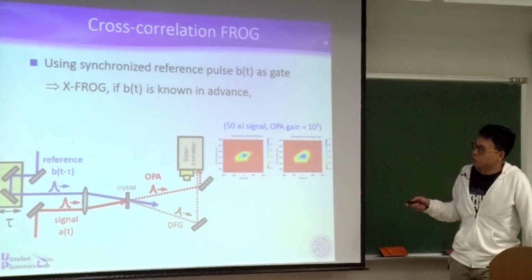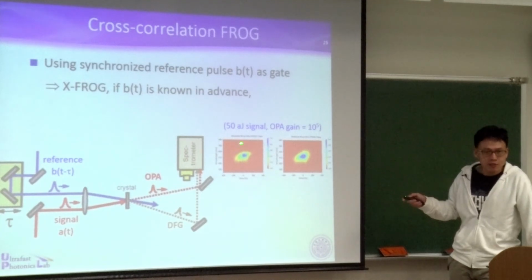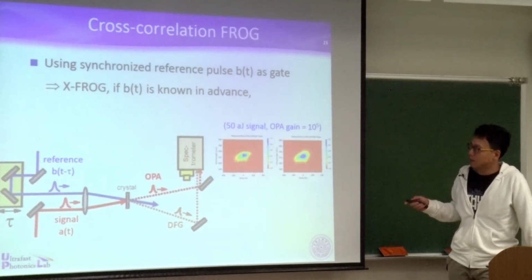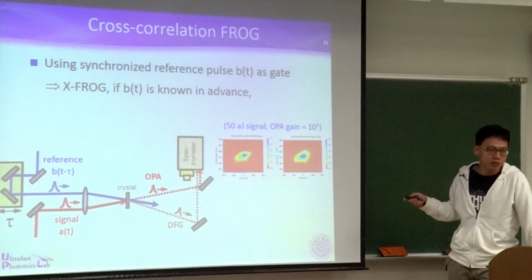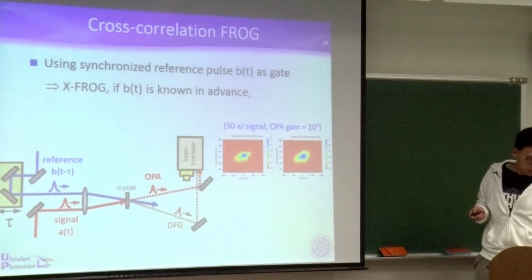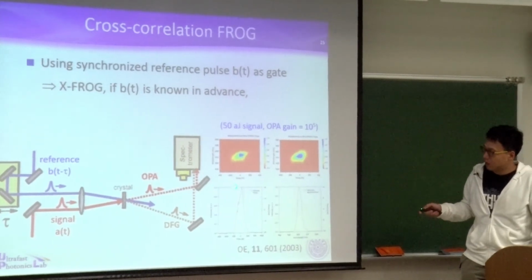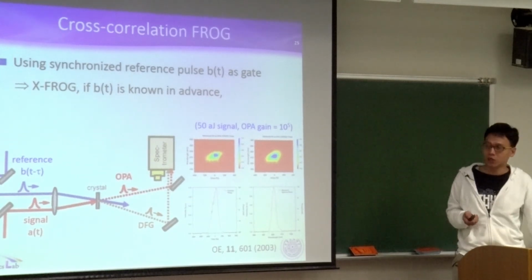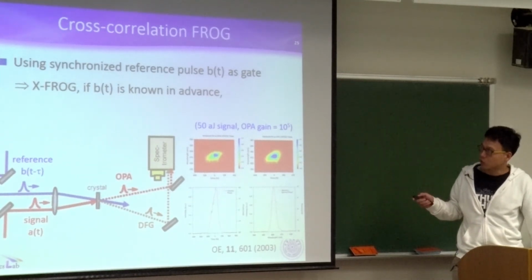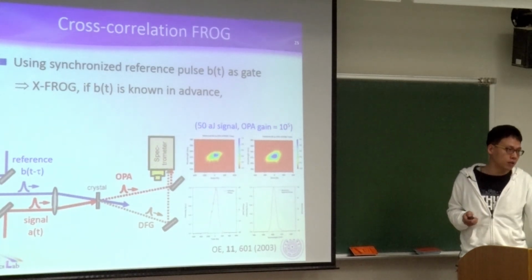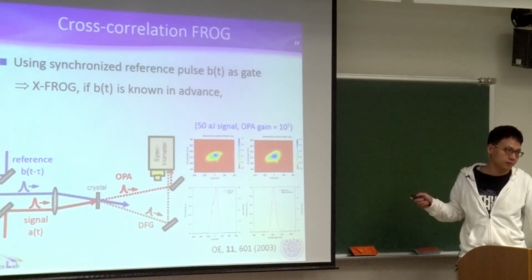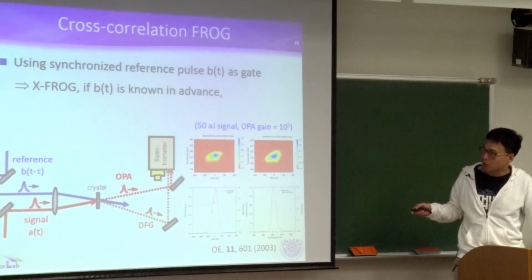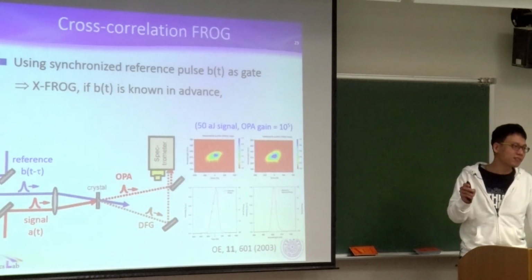Then, if you do so, you can measure the OPA FROG trace. After the iterative algorithm, you can get a trace like this, which look similar with each other, right? And you can have the signal pulse in the time domain or in the frequency domain. And the key point is, OPA gain can be very large, 10 to the fifth in this case. So it means your signal pulse, the red one, can be very weak.